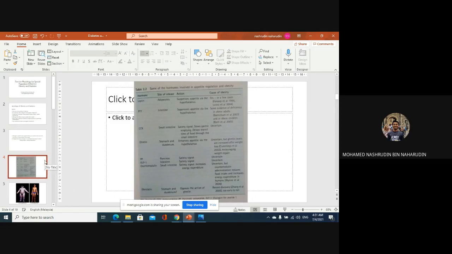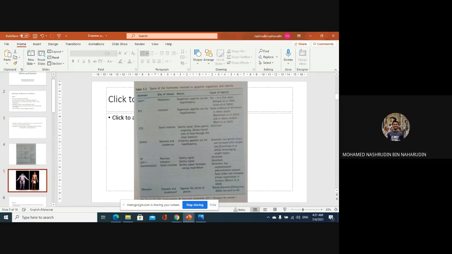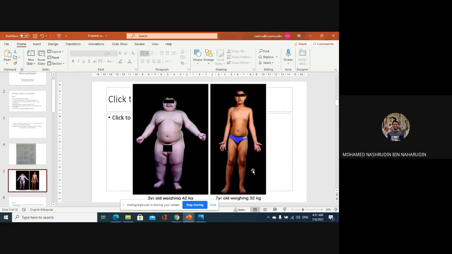So for those who have the condition of hyperphagia or a low level of anorexigenic hormones, a clinician usually will give leptin therapy to reduce food intake by injecting the patient with synthetic leptin hormone.